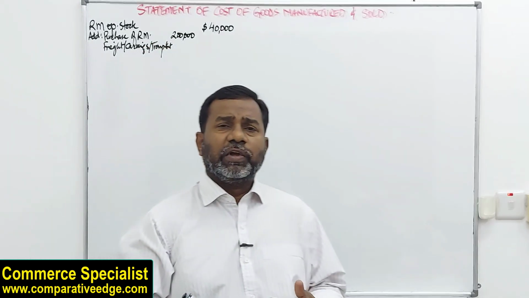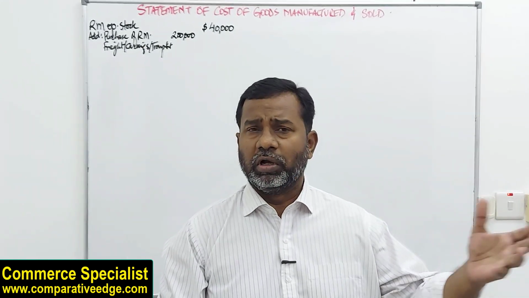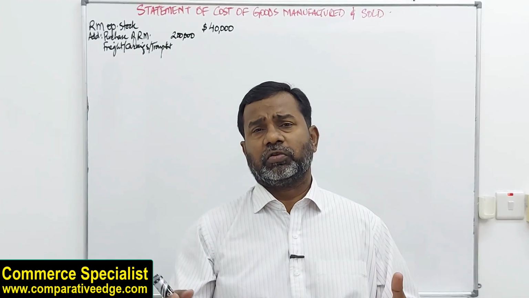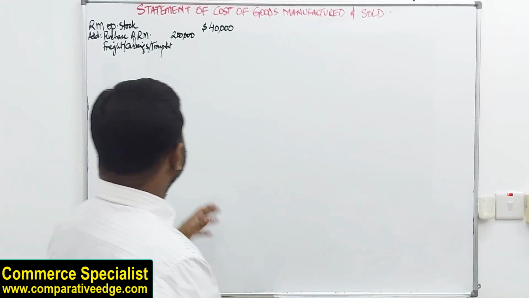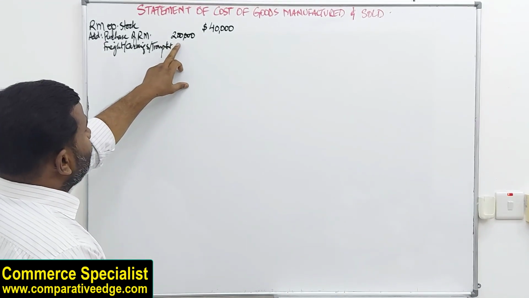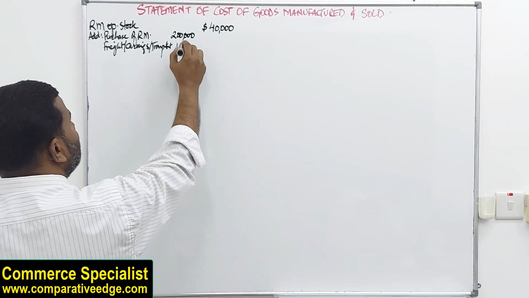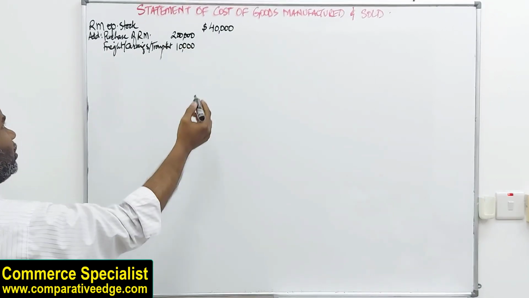Basically, freight is when we are talking about air freight or sea freight. Carriage is if it's coming through a train or a rail, okay? And transportation is if it's coming through some motor van, truck, vehicle, whatever. So we are assuming that we have purchased raw material worth 200,000. On top of this, we paid 10,000 as transportation, which is freight in, transportation in, or carriage in.